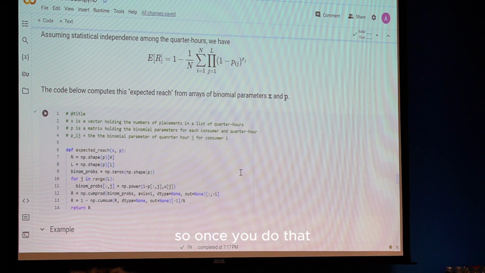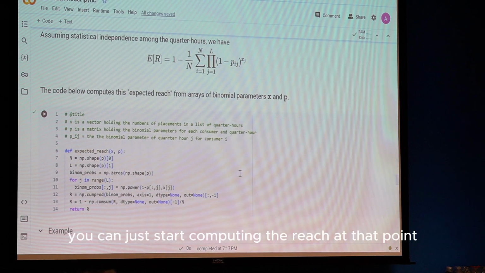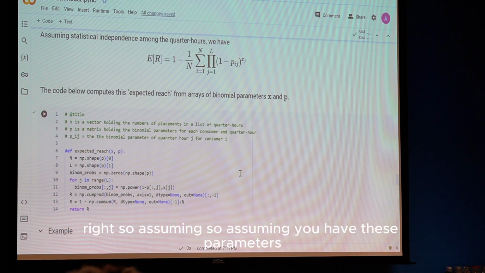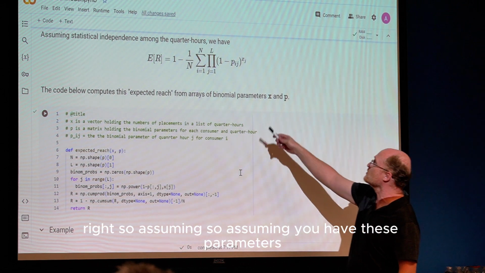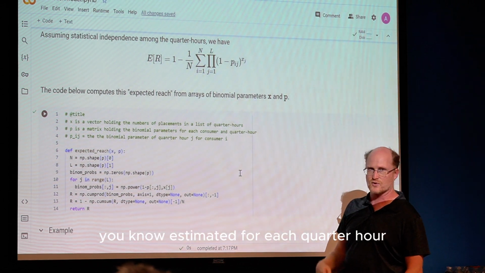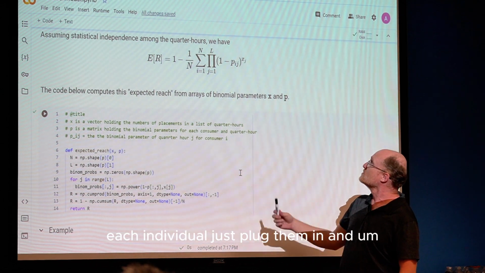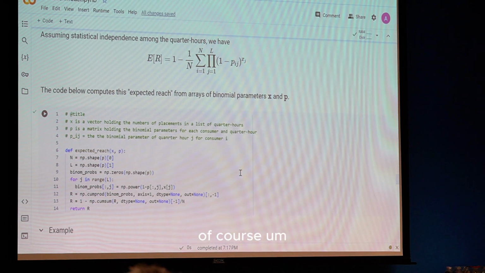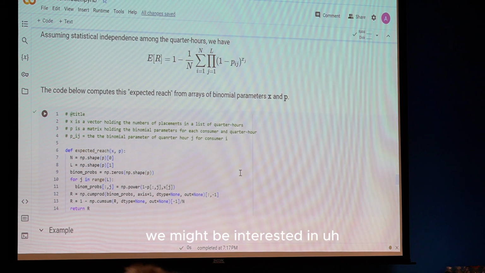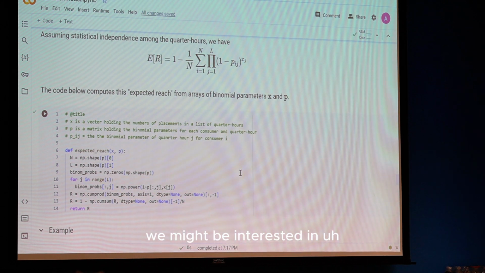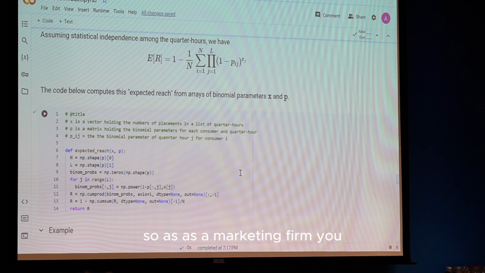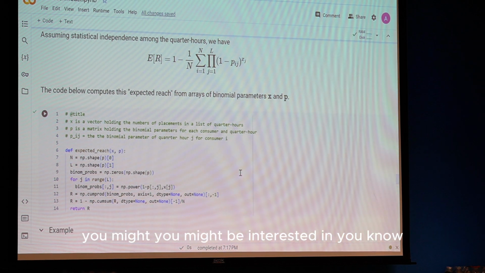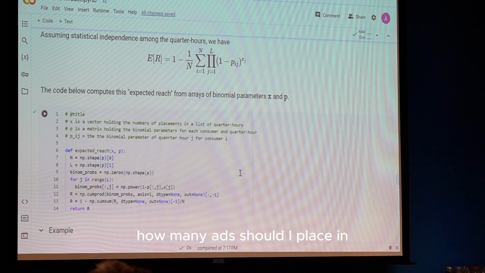Once you do that, you can start computing the reach. Assuming you have these parameters estimated for each quarter hour and each individual, you just plug them in. Of course, we might be interested in the values of X. As a marketing firm, you might ask how many ads I should place in these quarter hours.